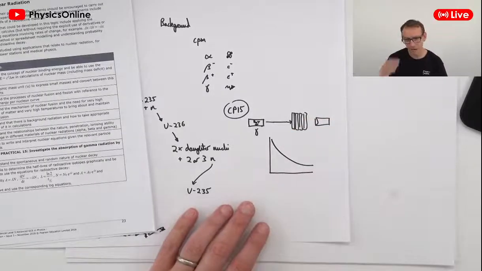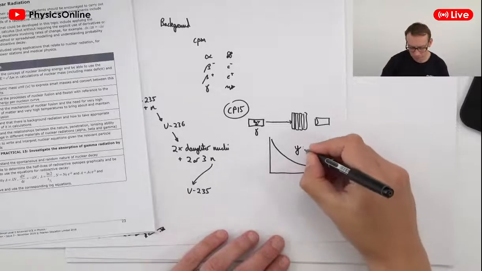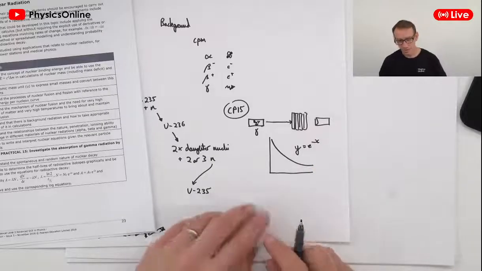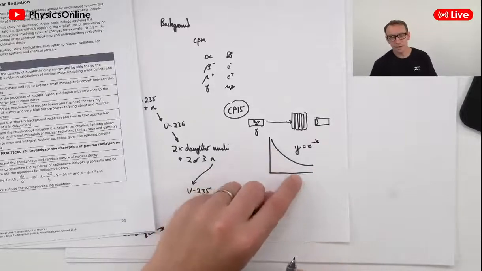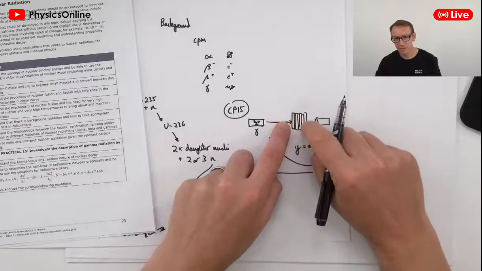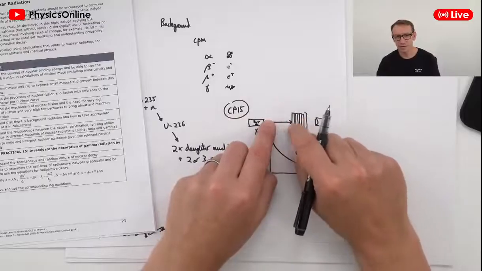So if you've got a gamma source, you might well get a graph in the form of y equals e to the minus x. Basically we have this attenuation of the photons of gamma radiation, because it's not like if you double it, it stops everything. So it might be that you have 5 centimeters and it goes down by half.